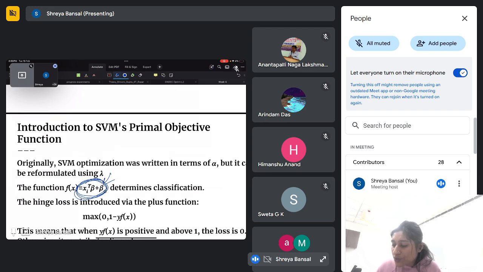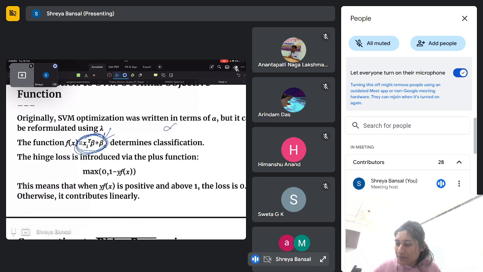And when you introduce the alpha plus some function beta, right? If you just rearrange the equation, it will be like some ridge function. You can go through the videos, it is very clearly mentioned there. So the loss that is introduced after that is called hinge loss.